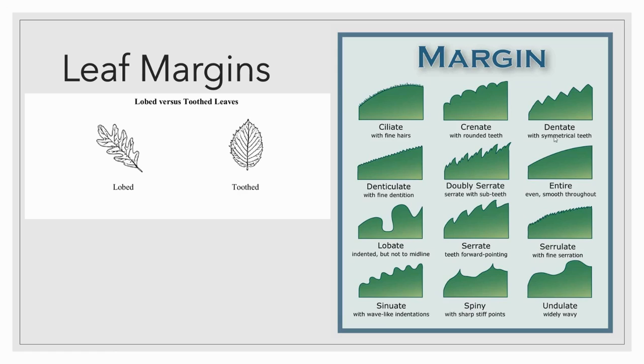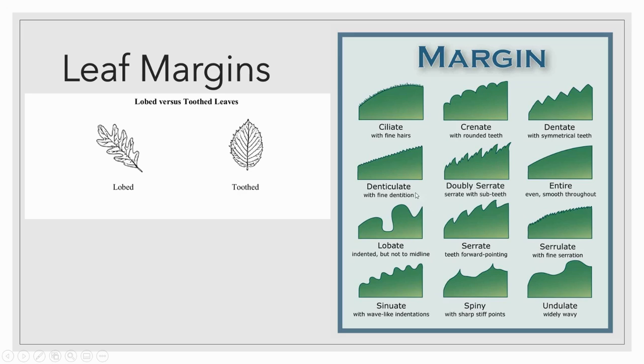So this is talking about symmetrical tooth or teeth. Something that's serrated has stub teeth, like a serrated knife or blade, right? Lobate is talking about things that are lobed. Sinuate is talking about something that might be a sine wave, going up and down like that, right?